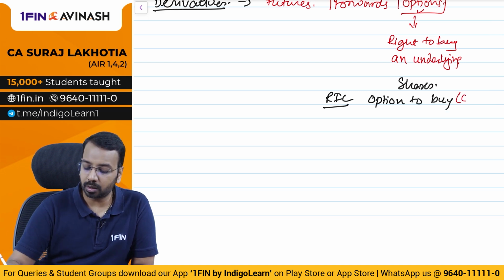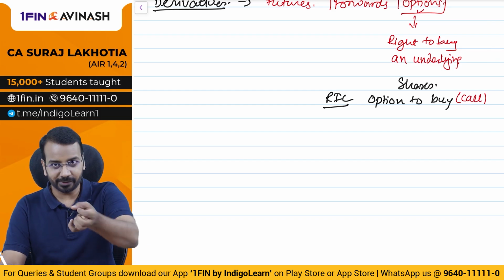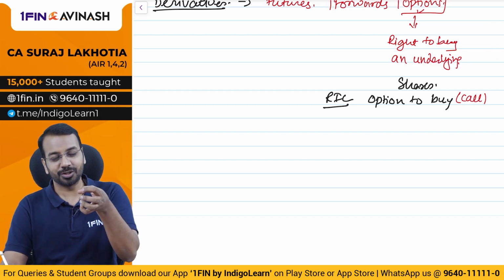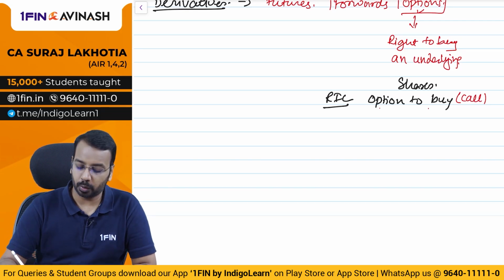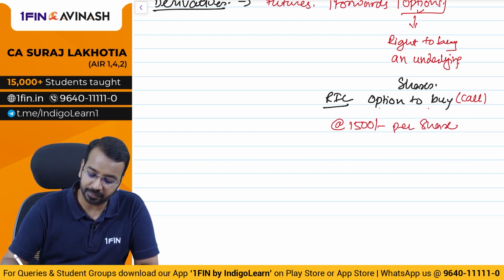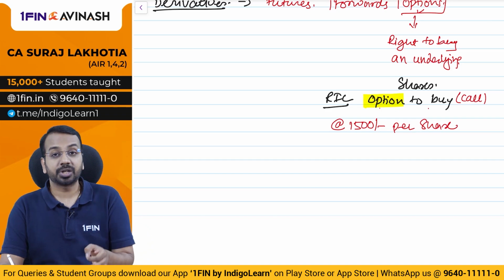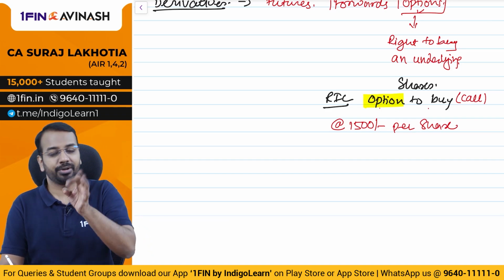Option to buy is called call option. Sir, why call option? I am calling that instrument. Instrument will come to me. So, when will an instrument come to me? If I buy. So, I have an option to buy, which we call a call option of Reliance at, let us say, 1500 per share. Now, one thing you need to understand is whenever there is an option, option is a choice, it is not mandatory. If I want, I will buy, if I don't want, I will not buy.